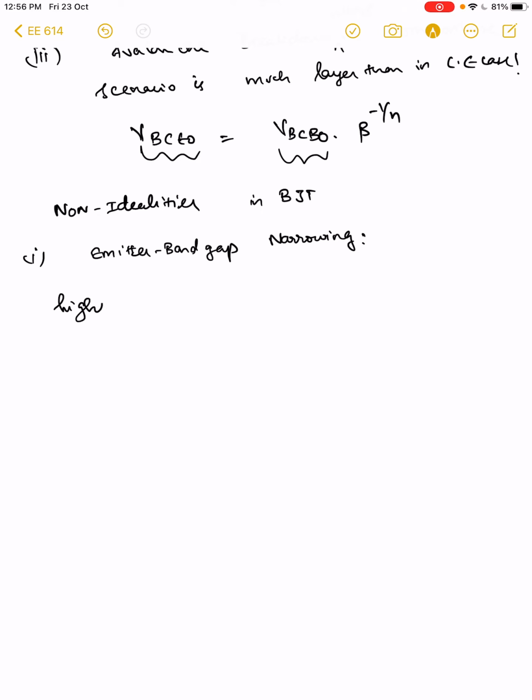So we need a higher emitter injection efficiency always, which is defined by gamma, which is INE by IE, right? So this from our previous relationships can be written as NP naught, N is the minority carriers in P, Dn diffusion current, diffusivity of electrons, and width of the emitter.